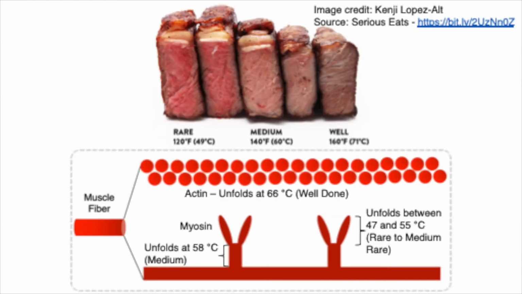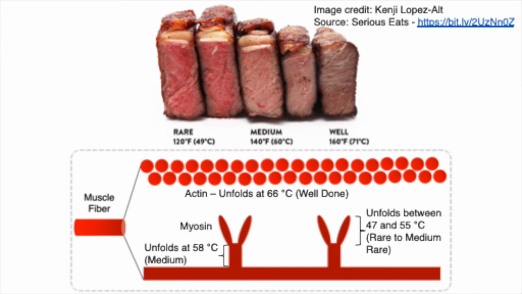Okay, and so how does this correspond to cooking steak? Well, if we look at these pictures right next to one another, the picture from Kenji's post and my diagram of our muscle proteins, you can see that for a piece of steak that's cooked rare, we have only unfolded the arms of myosin, those arms that stick up.